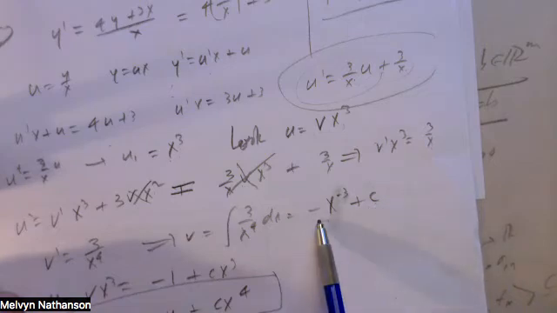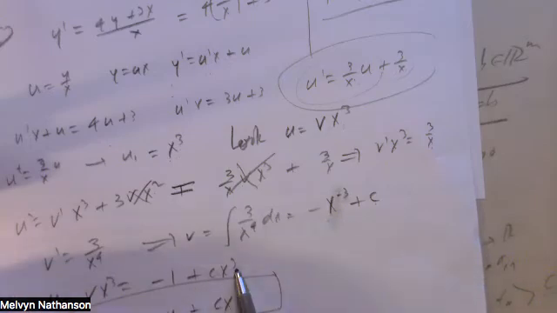So if I multiply this by x cubed, I get minus 1 plus cx cubed. And y is u times x, so if I multiply this by x, I get minus x plus cx to the fourth.